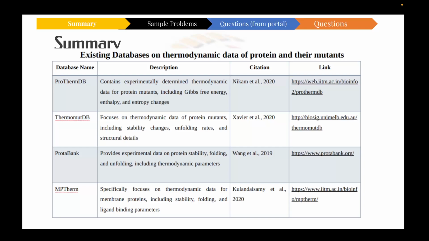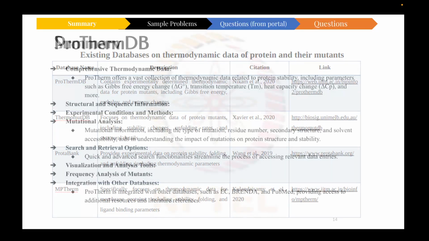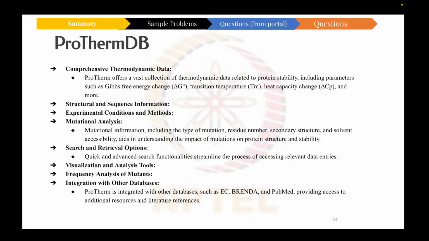So it contains only thermodynamic information related to membrane proteins and their mutants. It currently has more than 7,000 mutations from over 300 membrane proteins. This could be an effective resource for understanding the stability of membrane proteins and also differentiating how this stability differs from others. Here I wanted to discuss Protherm mainly, because it's one of the vast collections.